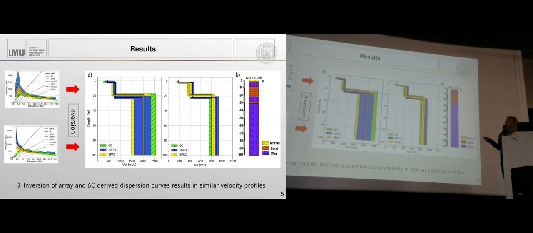We see 2 velocity steps, one at about 4 meters and one at about 20 meters. When we compare this to a lithologic profile, we see that the upper step matches quite well with the groundwater table, and the lower velocity step matches with the boundary between sand and clay. So we see a positive correlation between the velocity and the lithology, which supports our inversion results.